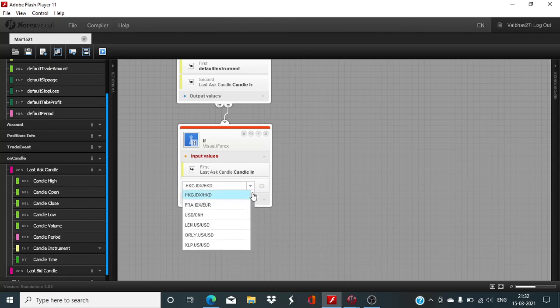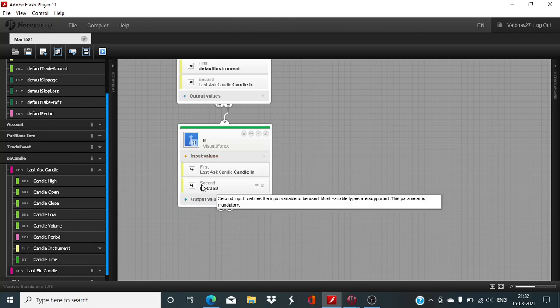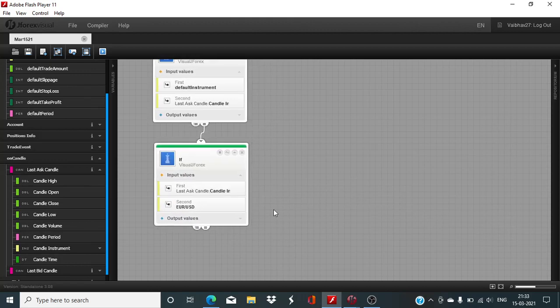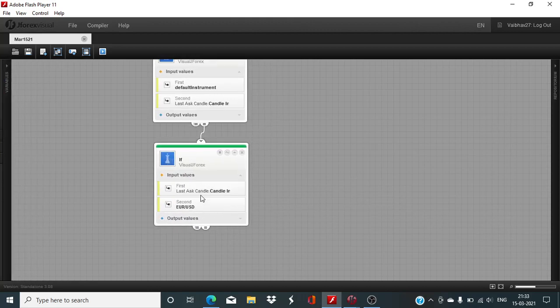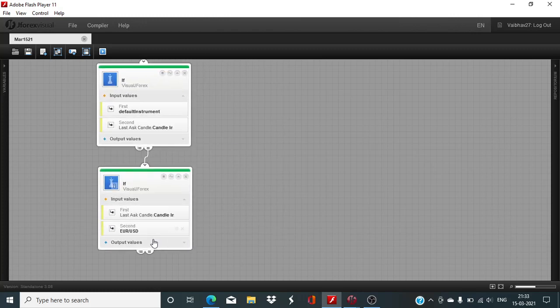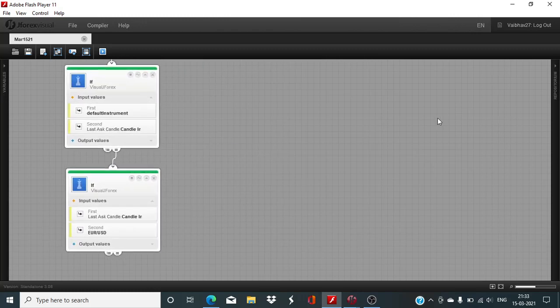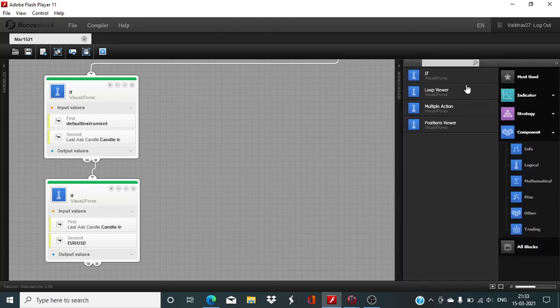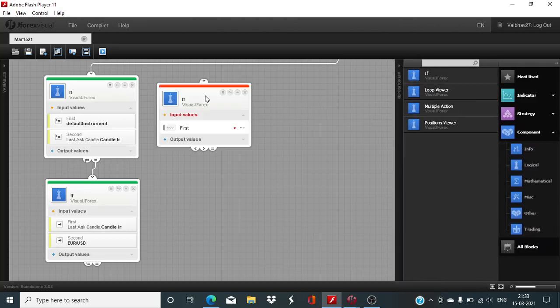If you want to work with another instrument, you can do that. You have to only change it in default instrument and then fill up the same instrument in this input value, second input value. Now let us take one more if block.